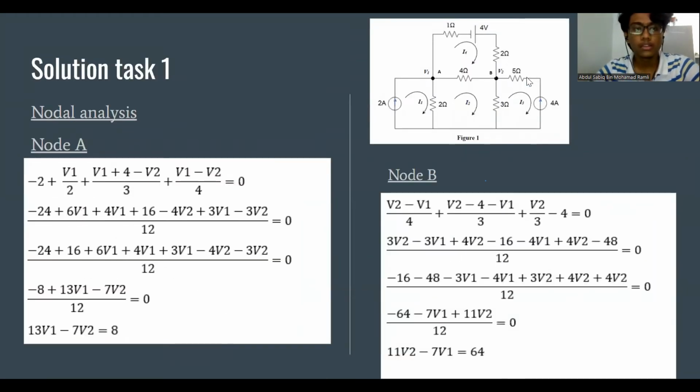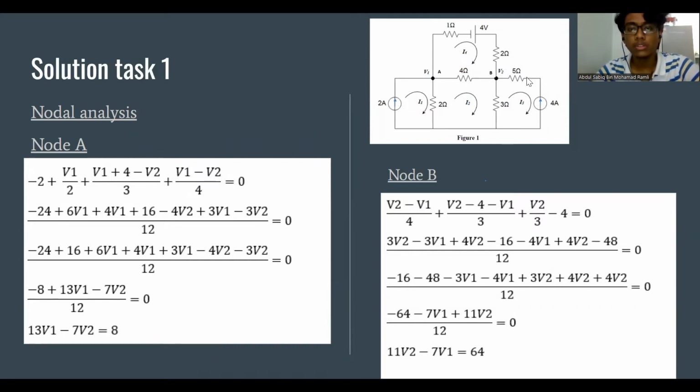So this is the solution for task 1, which is nodal analysis. There are two nodes, node A and node B. In order to solve this question, we need to use KCL, Kirchhoff's current law, and we get 13V1 minus 7V2 equals 8.